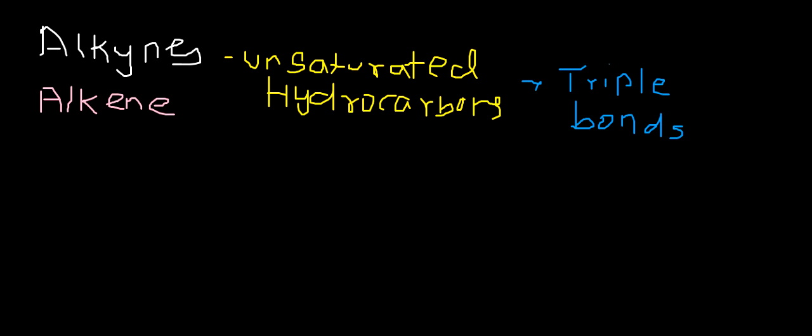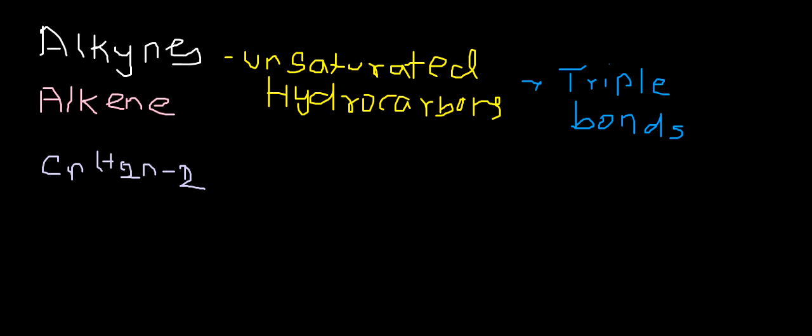So now the basic formula for alkynes is CnH2n minus 2. Sorry, it was a slip of the tongue, apologies. So it's CnH2n minus 2.